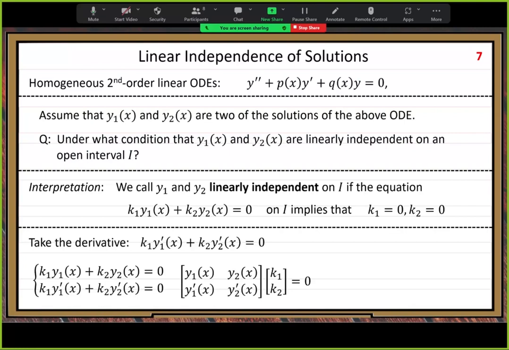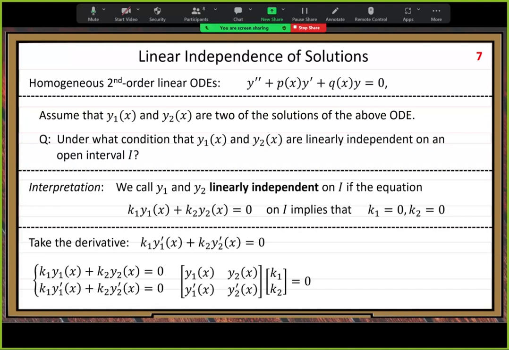Because in this linear system, when K1, K2 equal 0, we call it the trivial solution. Both unknowns, treated as variables, equal 0. That's the trivial solution.